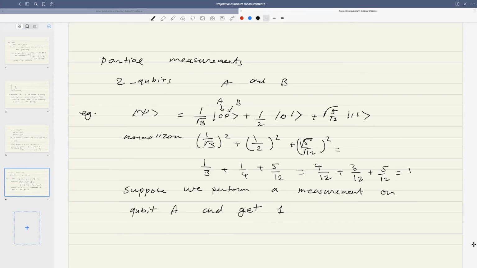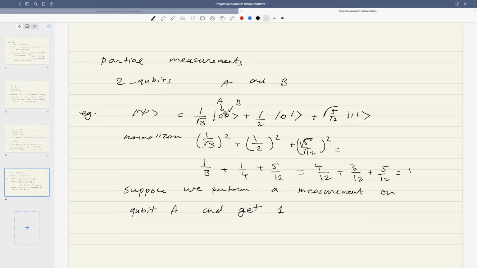Okay. So what should happen to the state? See, the state is a superposition that includes 1,1. So 1,1 is okay, right? If you perform a measurement on qubit A for the state 1,1, with probability 1, you're going to find 1.